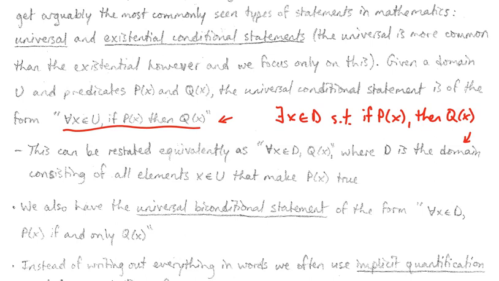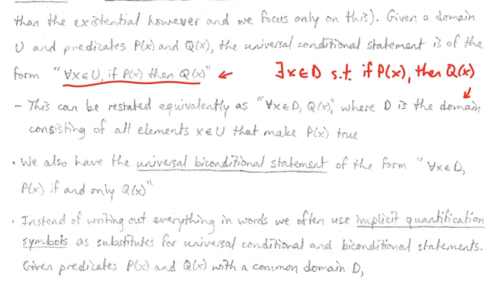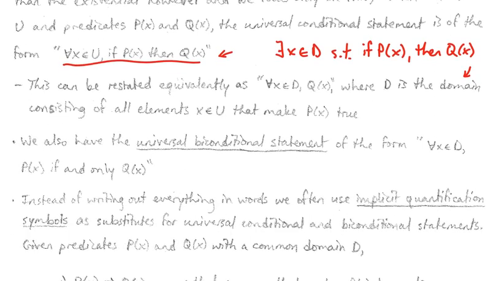Instead of saying this, we can also use implicit quantification symbols that both take care of the conditional or the biconditional statement that we want to have, but it also takes care of the universal quantifier.